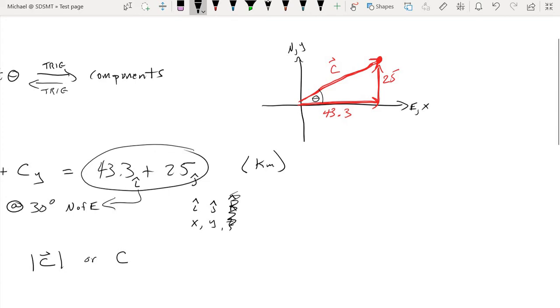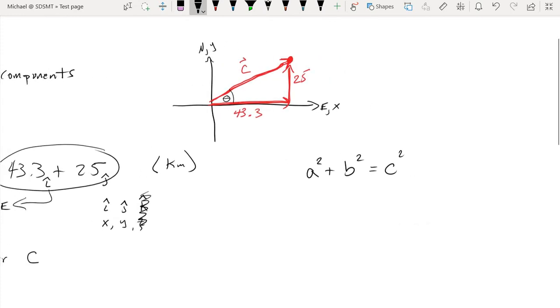Well, I have the two shorter legs of a right triangle, and we know back from trig, the Pythagorean theorem says a squared plus b squared equals c squared, and appropriately enough, c is going to be the hypotenuse of our right triangle. Now the values of leg a and leg b, those don't matter. They can be either or, just as long as they're the two shorter legs of our right triangle.